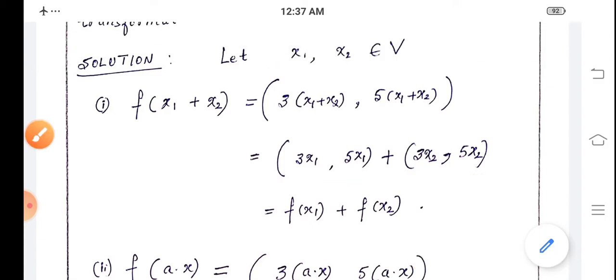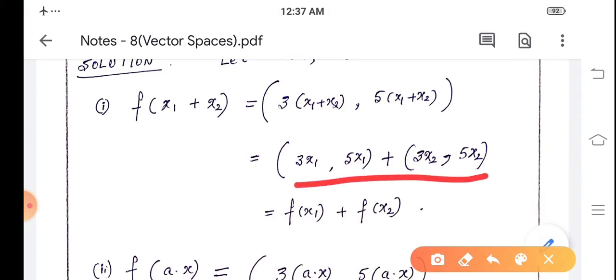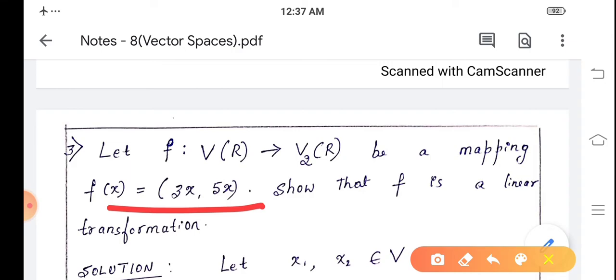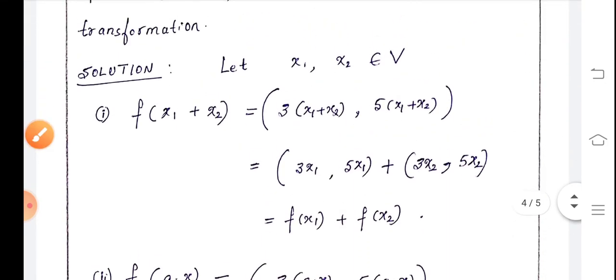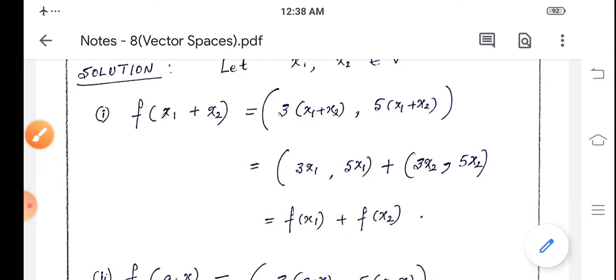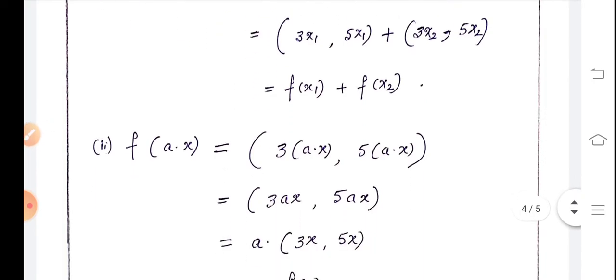When we add this, we are getting this. Now here, by this definition, f of x equal to (3x, 5x). Now this becomes f of x1, and the next term is f of x2. So we have proved that f of x1 plus x2 equal to f of x1 plus f of x2. So the first condition is verified.